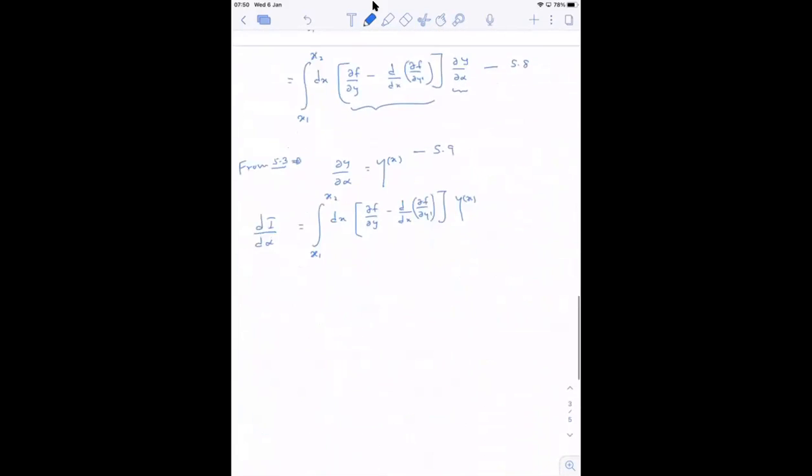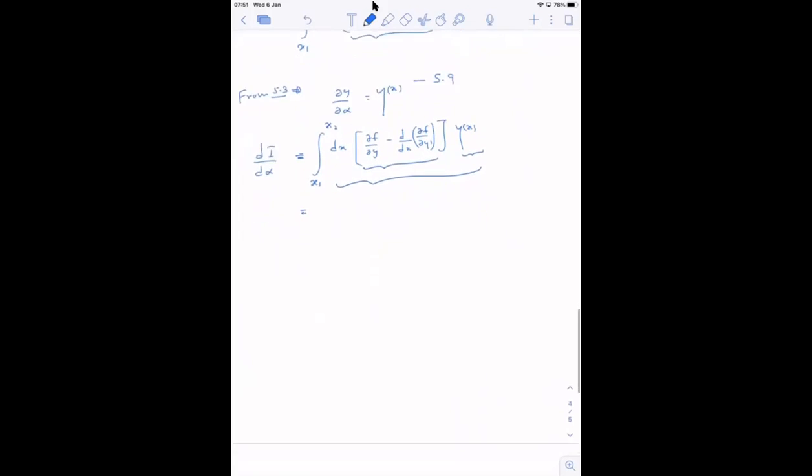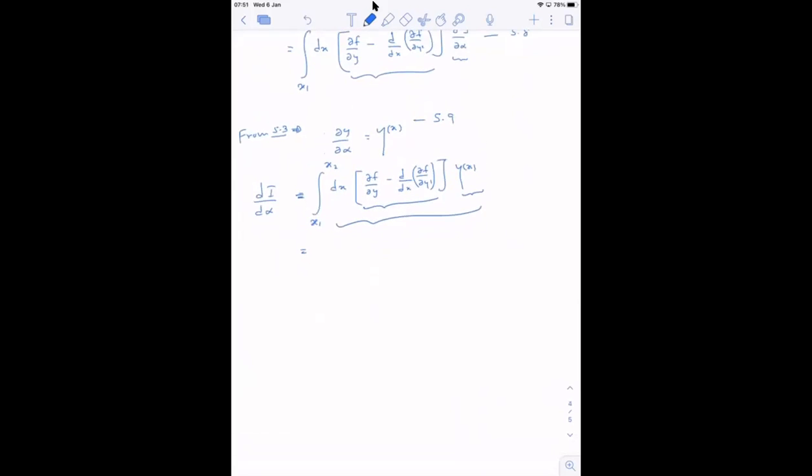So that means you have to take this whole expression and make it equal to 0. Now if you look carefully at equation 5.5, η(x) is completely arbitrary, right? So because of that, this particular expression right here needs to be 0 in order to have this integral equal to 0.